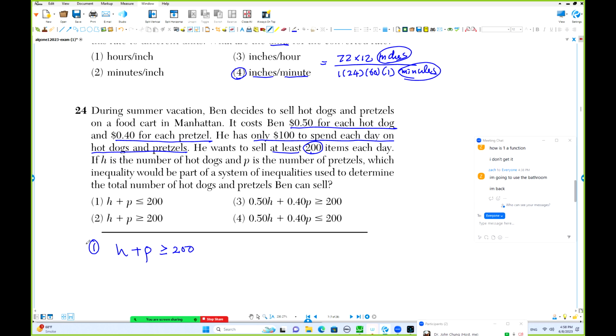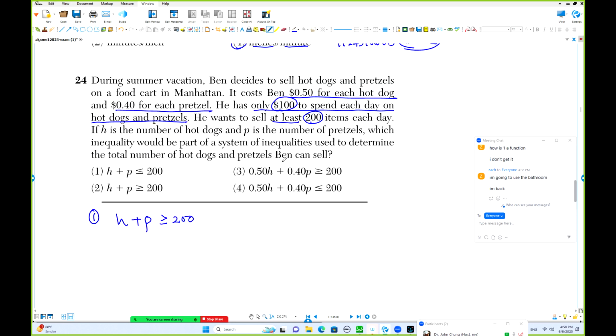The next one: he has only $100 to spend each day. So take the cost. The total cost is how much? A hot dog is 50 cents times the number of hot dogs, that is the cost to make hot dogs at 0.5 each.